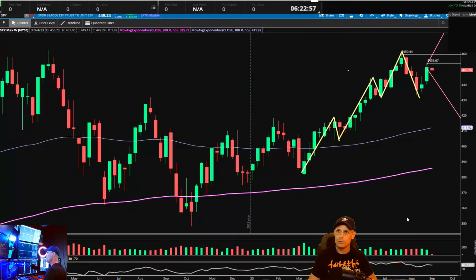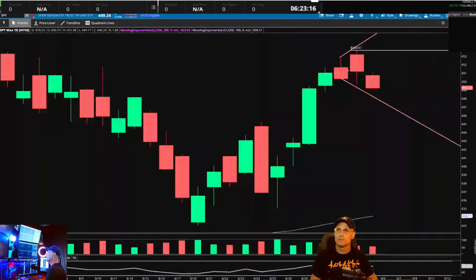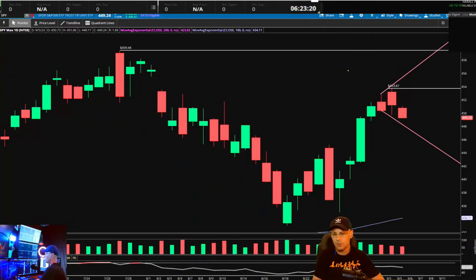And I'm looking for clues on the daily time frame to see if we're going to top out here on the weekly. So we're looking for a daily downtrend, which would give us the top of the weekly, and we'd start to see consolidation. And so on that daily, what do we have right here? Daily time frame is an uptrend, and that's right.